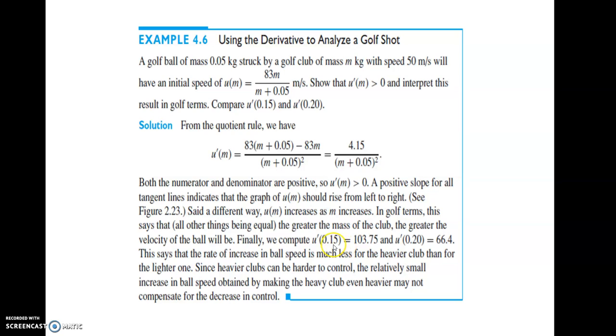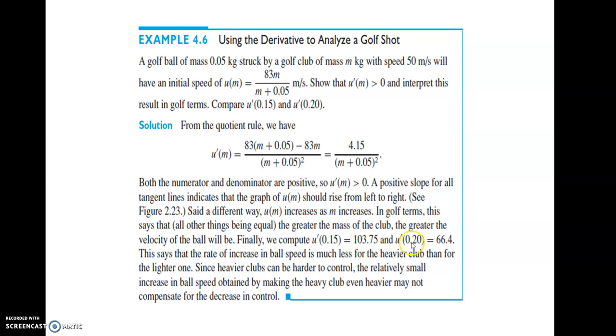See that if you take the heavy bat, then it is less, and if you take the lighter, this is more. So 0.20 is heavier than 0.15. This is the mass of the club. So u prime 0.20 is lesser, but u prime 0.15 is more.